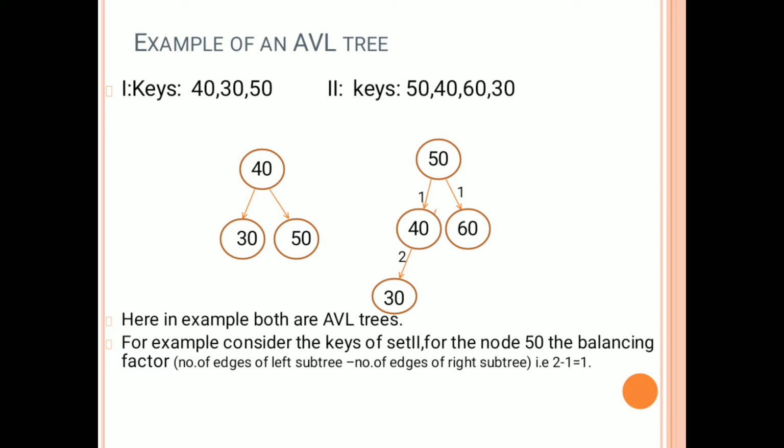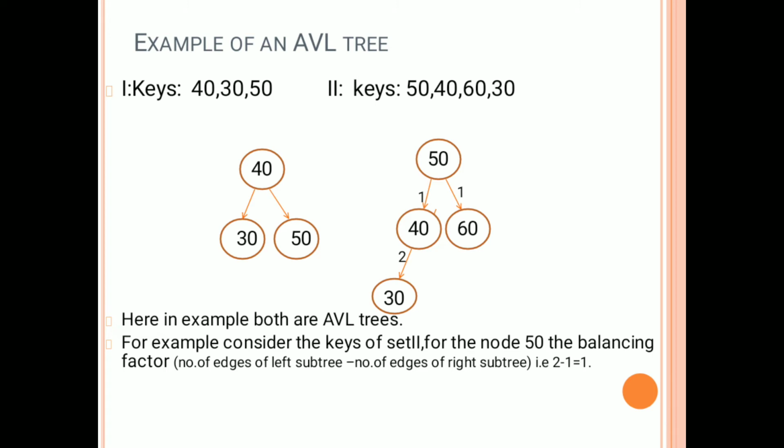How to calculate a balancing factor? For example, consider the node 50 in the second set of keys, that is 50, 40, 60, 30. Consider the second tree and the element 50. To calculate the balancing factor, we count the edges on the left subtree of 50. We have an edge between 40 and 50, counted as 1, and another edge between 30 and 40, counted as 2.